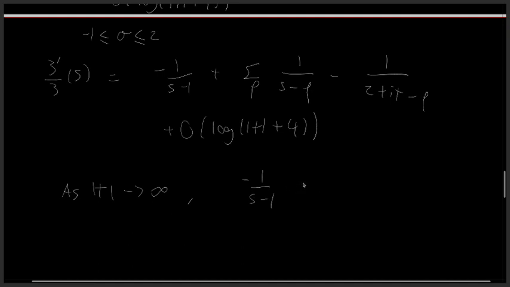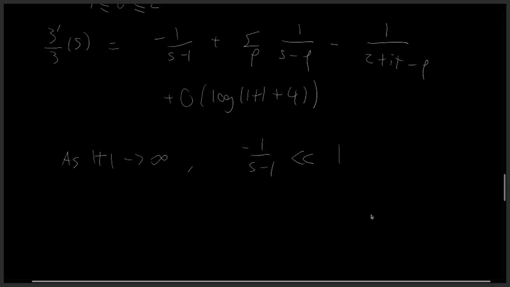And as long as you're not near that pole, then we can ignore this term. And the tricky part is the sum over the zeros. So we're going to need another ingredient to bound the sum.